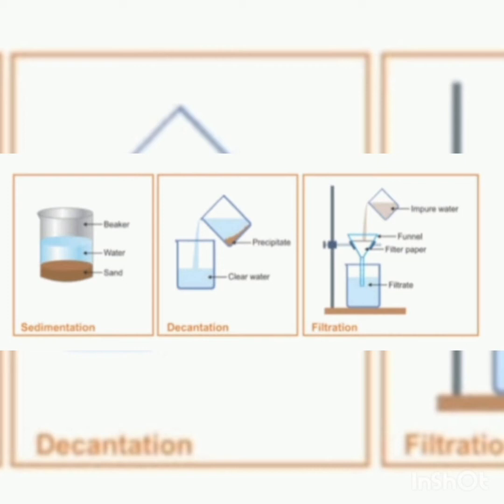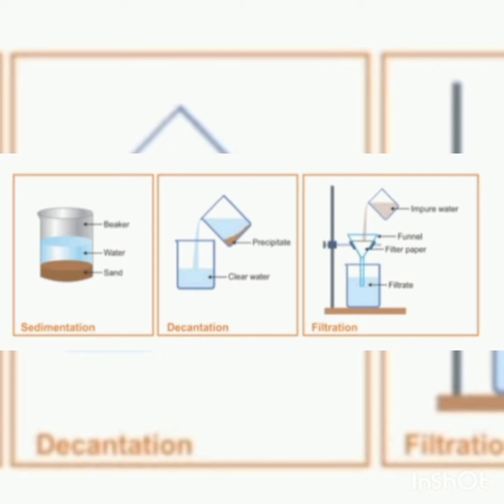So these muddy and sand particles settle down at the bottom of the beaker, and at the upper side of the beaker we get the clean water. That means the sedimentation process has taken place, because the mud particles and dust particles settled down at the bottom.